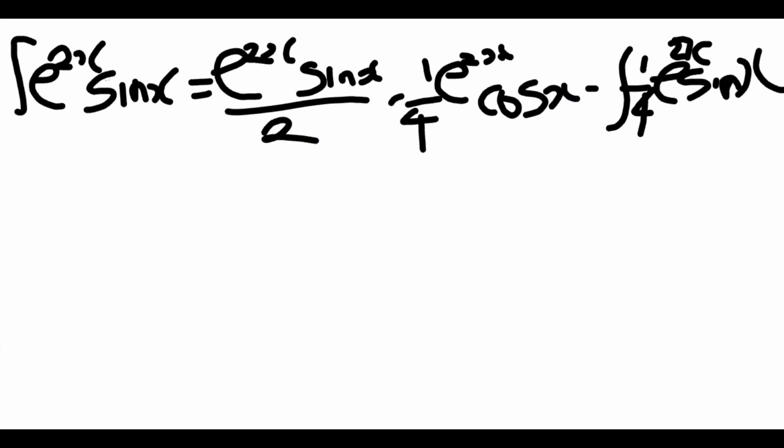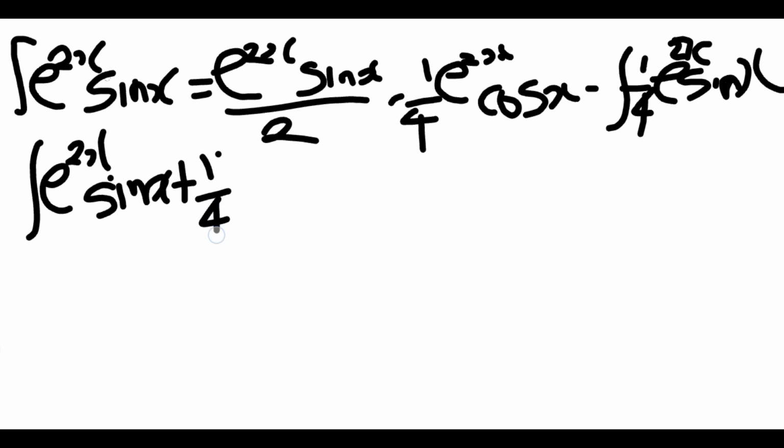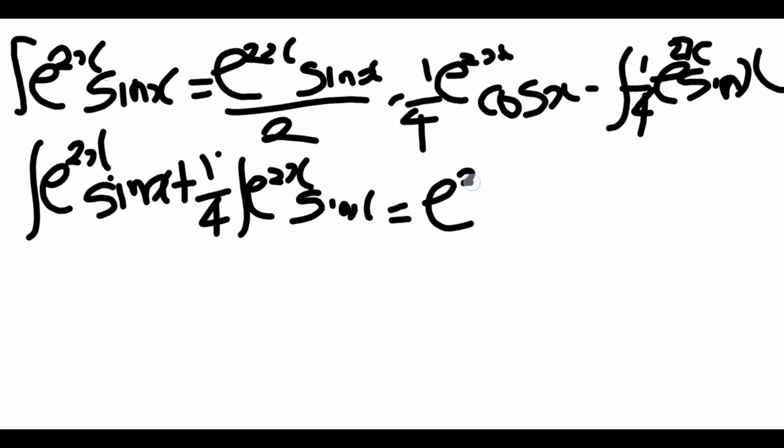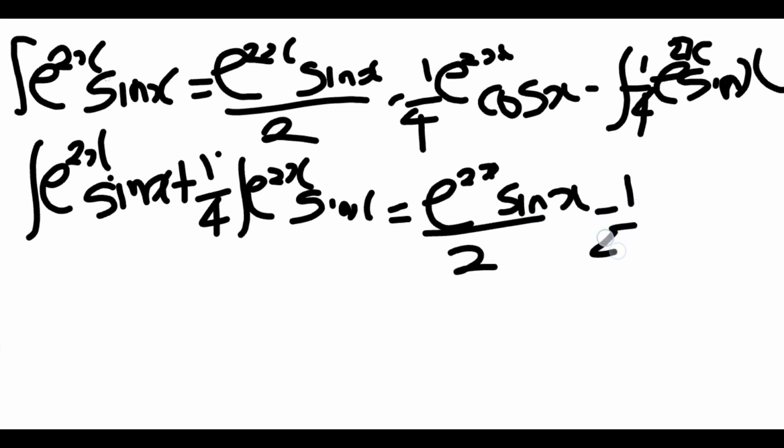So we're going to be having the integral of e raised to the power of 2x sine x plus the integral of e raised to the power of 2x sine x. This is going to be equal to e raised to the power of 2x sine x over 2 minus 1 over 4 e raised to the power of 2x cosine x.